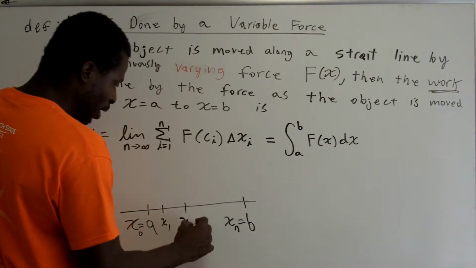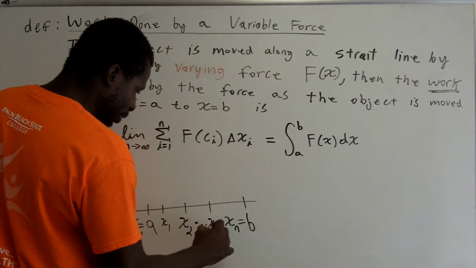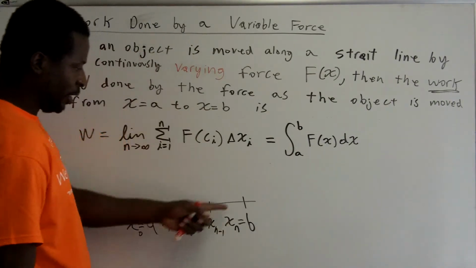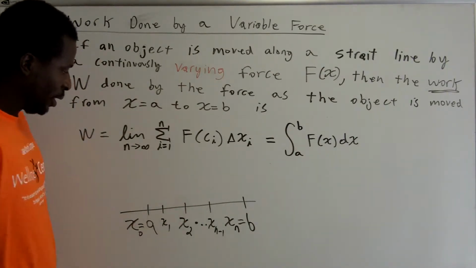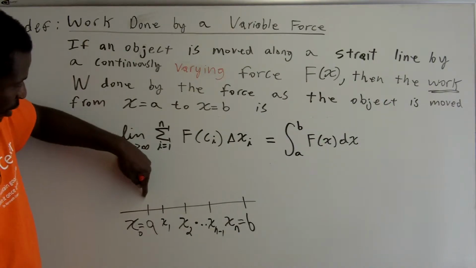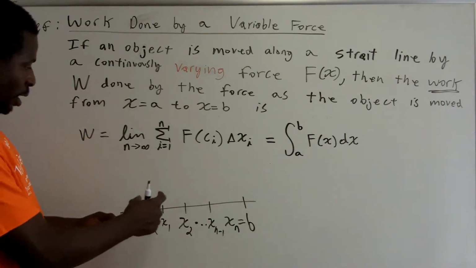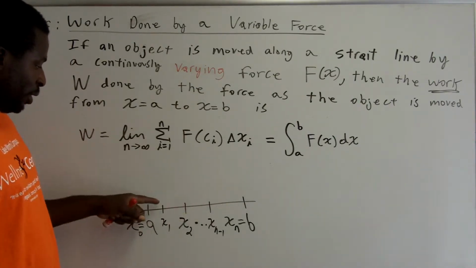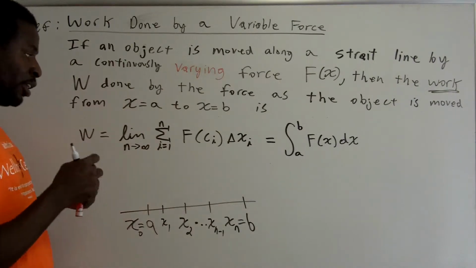I'd have x2, and then I'd continue in this fashion all the way up to xn minus 1, and that would be the last partition. So I've divided this interval from a to b into n subintervals.